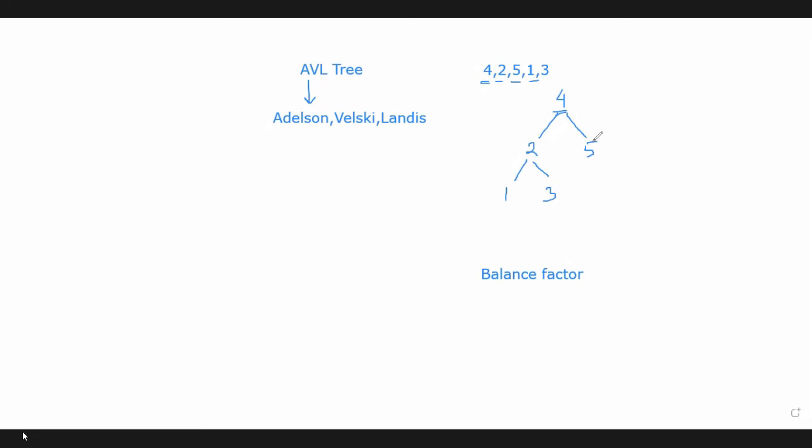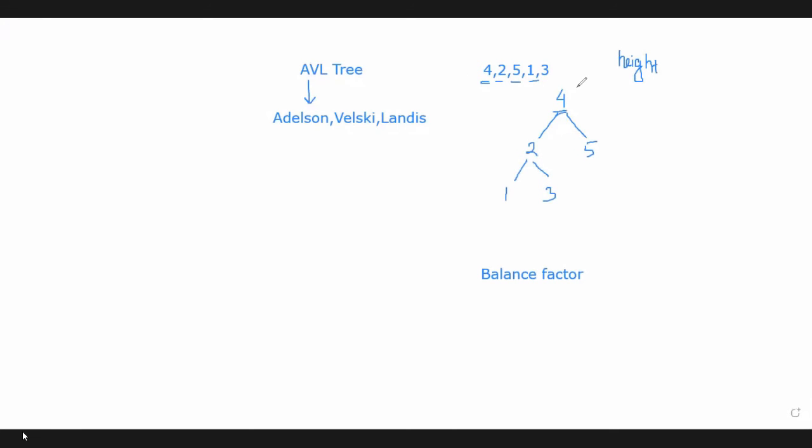And we know how to calculate the height. How do we calculate the height of a node? Just take a leaf node in the longest path, then count the total number of edges between the leaf node and the root node. Isn't it? Suppose the node is 4.